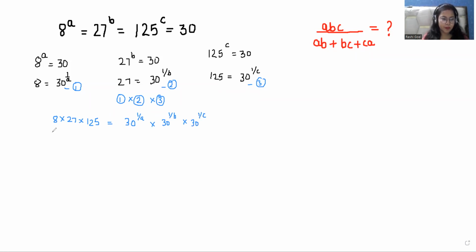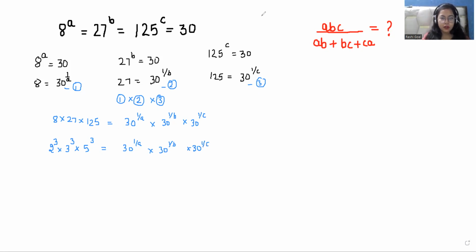Now I can write 8 as 2 power 3, similarly 27 as 3 power 3 and 125 as 5 power 3. And this is 30 power 1 by a times 30 power 1 by b times 30 power 1 by c.